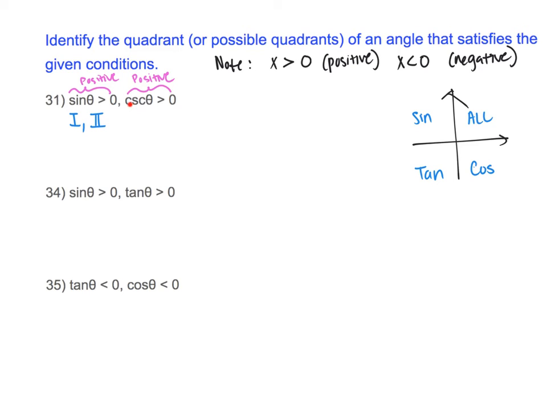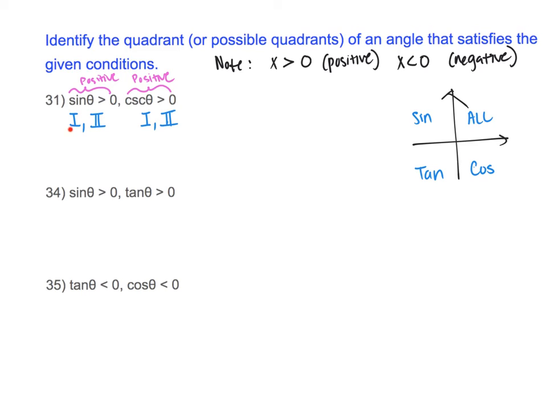Now, cosecant is the reciprocal of sine, right? So in this case, it's also going to be the first, because that's all of them, and also the second quadrant. So in this case, first and second.